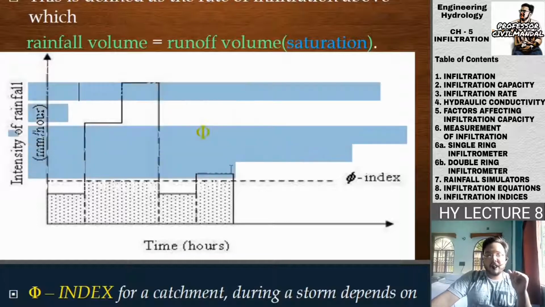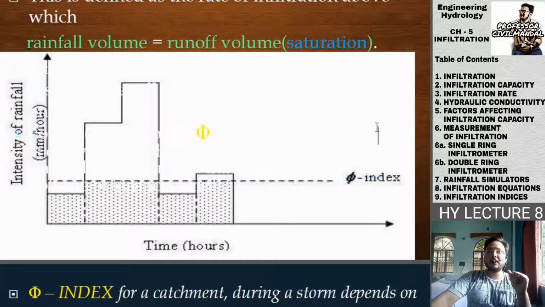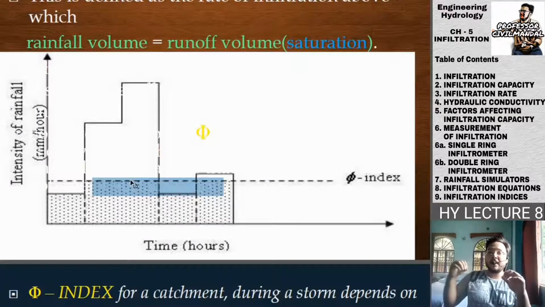The extra amount, the not shaded portion, will be our excess water, and this shaded portion is the maximum amount that will seep into the ground. So in no way can more water seep into that particular soil, because phi index is the maximum possible value.